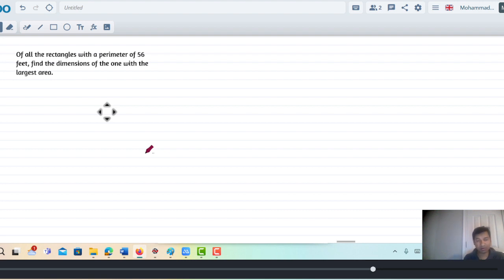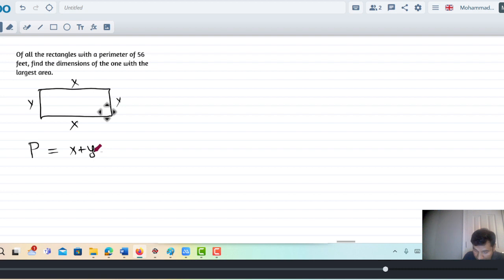So given a rectangle, let's draw a rectangle here, and let us consider the length is x and the width is y. So this side is x, this side is y. What is the perimeter? Let's say the perimeter is P. P is x plus y plus x plus y, which is 2x plus 2y.